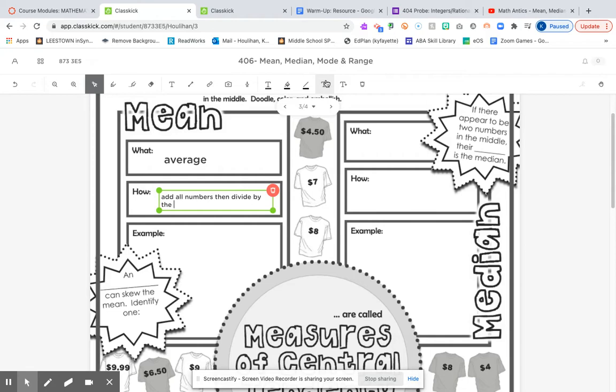So you're going to add all your numbers, and then you're going to divide by how many numbers you added.